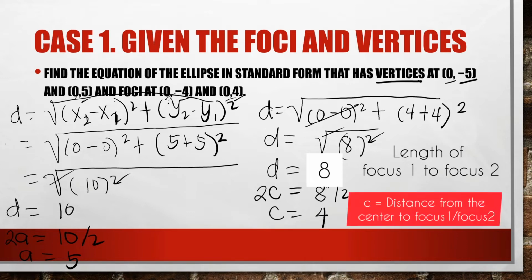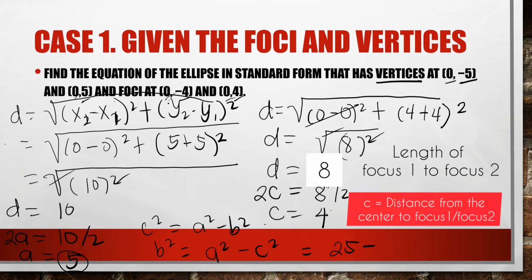And again, yung formula natin for foci, c squared is equal to a squared minus b squared. So, dito wala yung b squared. So, hanapin natin siya. So, b squared is equal to a squared minus c squared. So, a is equal to 5. 5 squared is equal to 25 minus yung c squared.